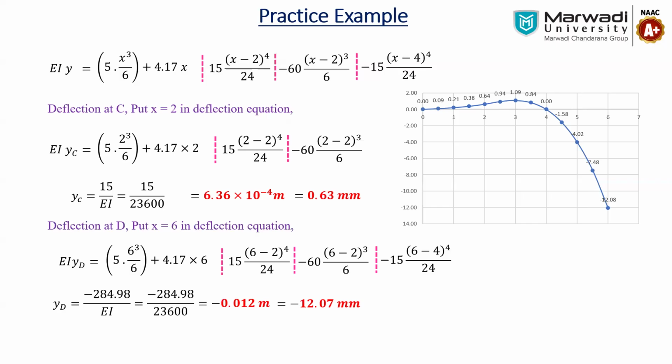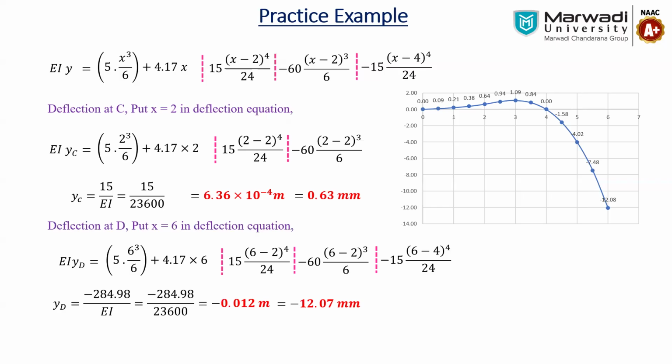I suggest that you practice at least a couple of examples, because this method is very easy to understand and very easy to calculate, since based on one equation we can calculate the slope and deflection at a number of points. The same concept we are going to use again in the derivation of the fixed beam in structural analysis too.